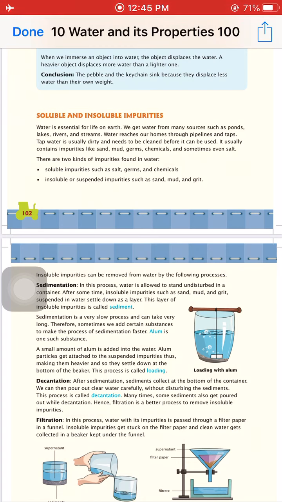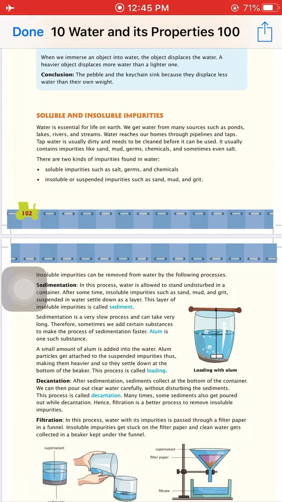So those taps contain clean water. Okay, the water that is coming inside our homes is not dirty water, it is clean water.